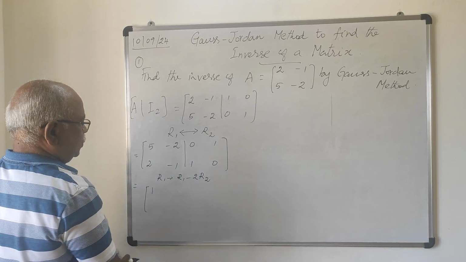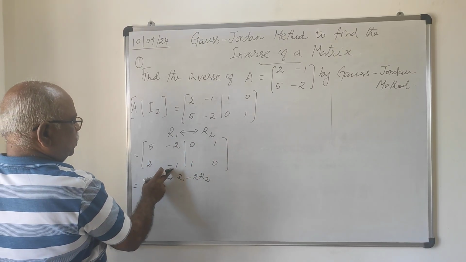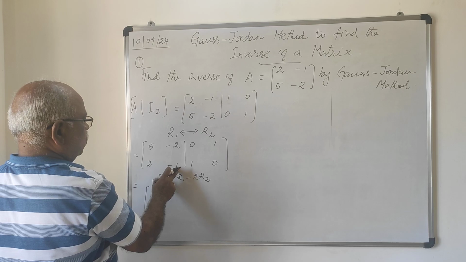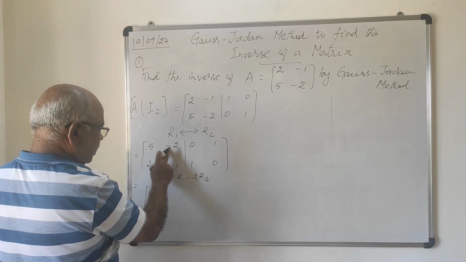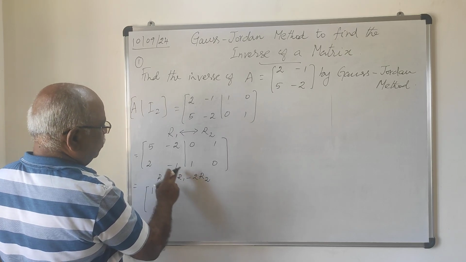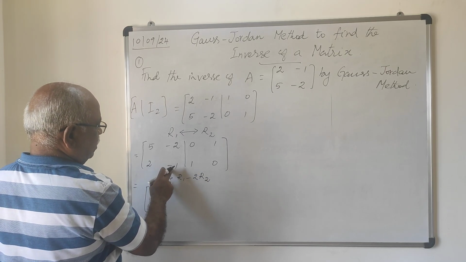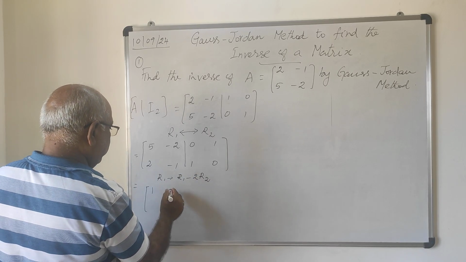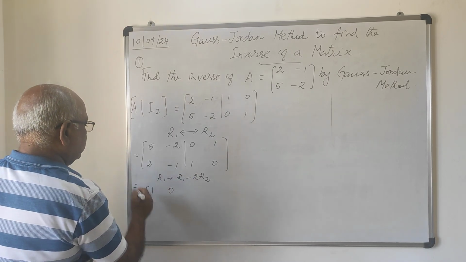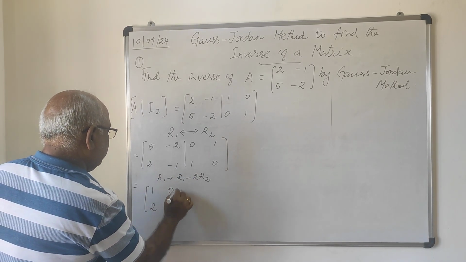Similarly, R1 is minus 2, and 2 times R2 is 2 into minus 1, minus 2. Minus 2 minus of minus 2 is plus 2, so minus 2 plus 2 becomes 0. The second row remains as it is, 2 minus 1.